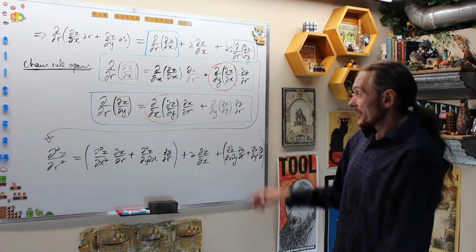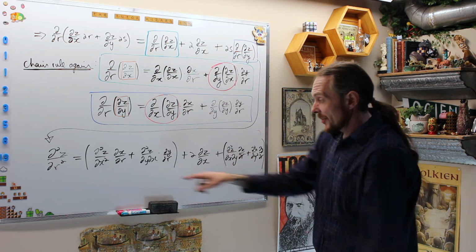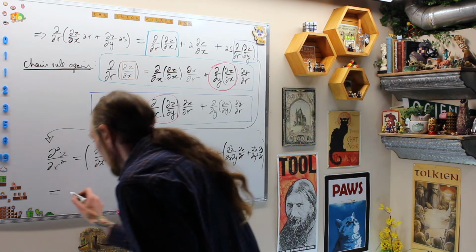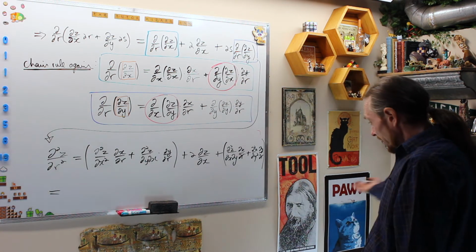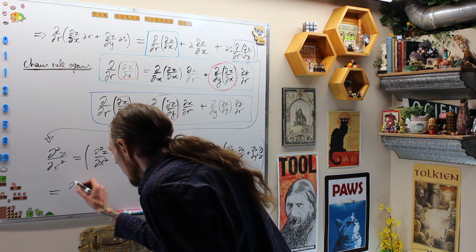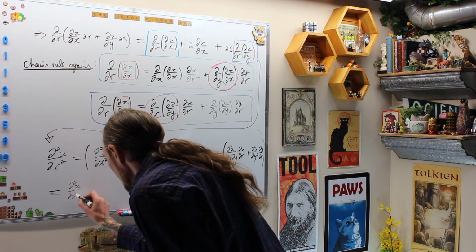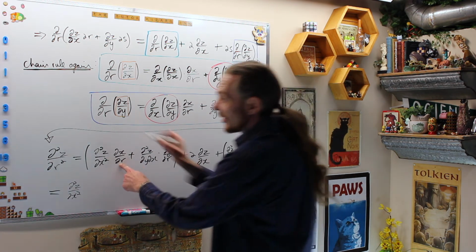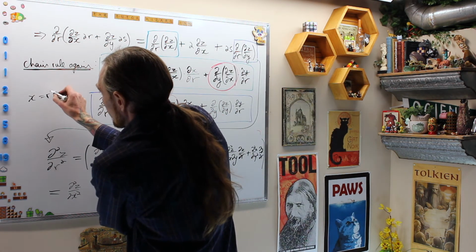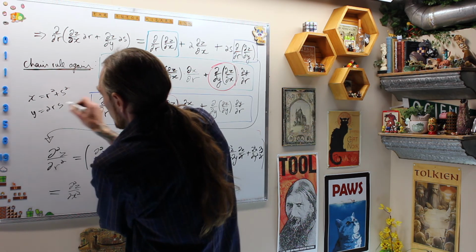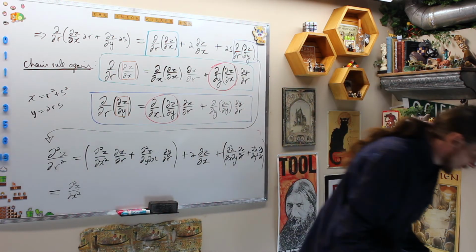Now what I have to do is use Clairaut's theorem and clean everything up and substitute what everybody is. Let's do that now. This is going to equal something that's going to make me run off of the board, most likely. Here now I have the partial of z with respect to x squared times the partial of x with respect to r. Remember, can we remember what it was? Is that what it was? I don't remember.